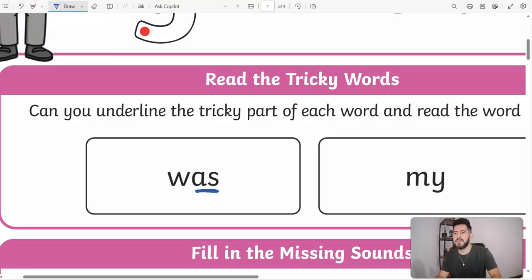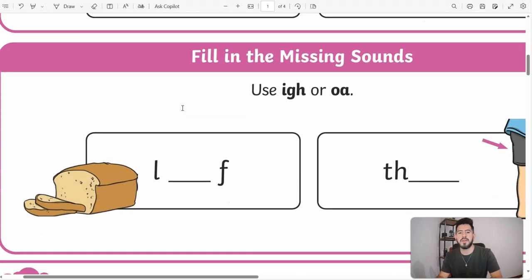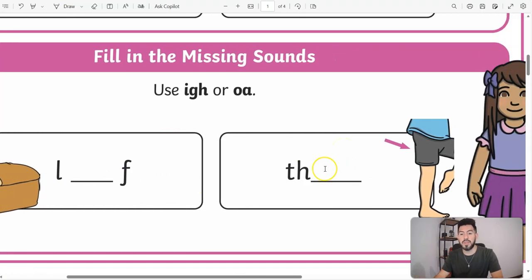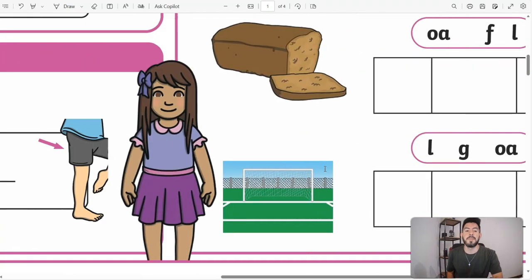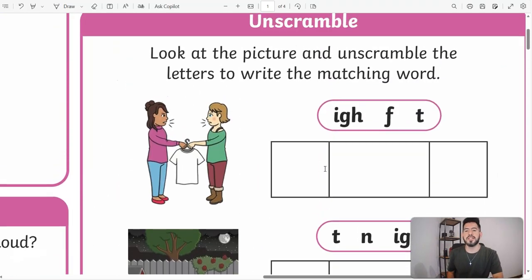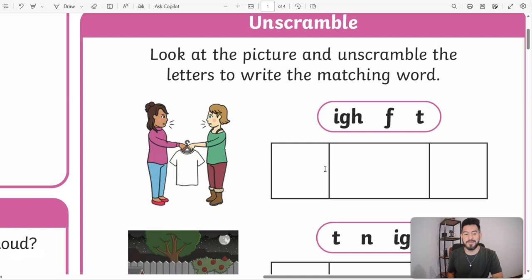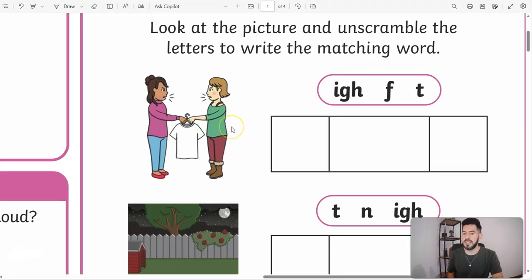Then we have filling the missing sounds. This is a loaf of bread. And this is your thigh. Okay, the part of your legs, okay, your thighs. Then again, you need to unscramble the sounds. We have here a fight. They are fighting, fight.